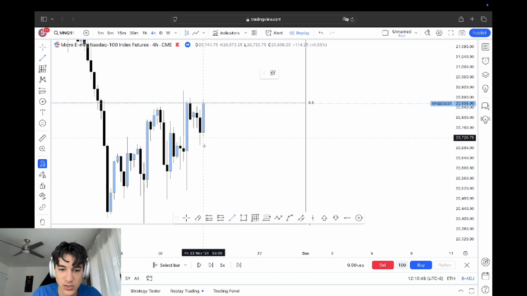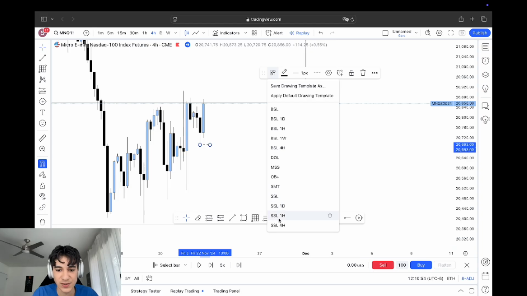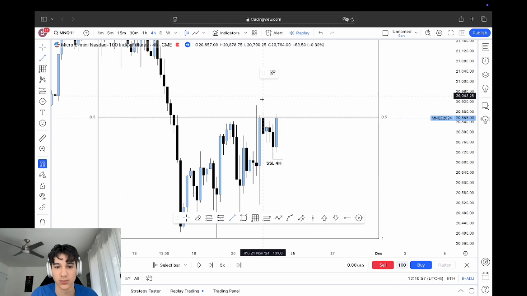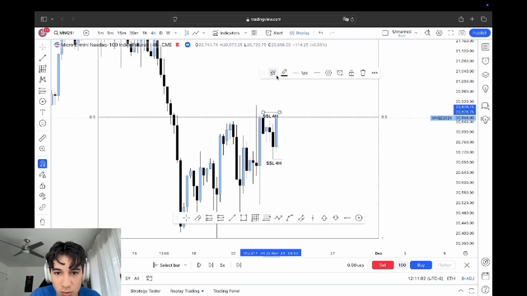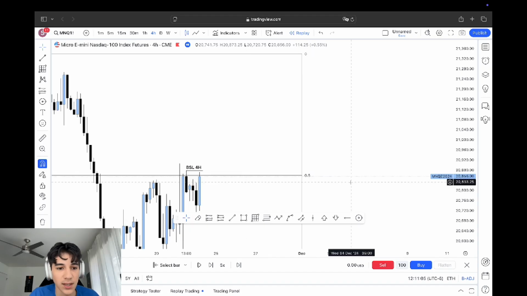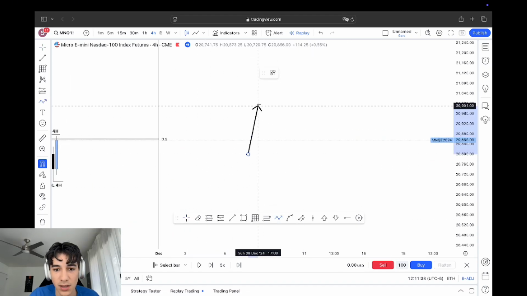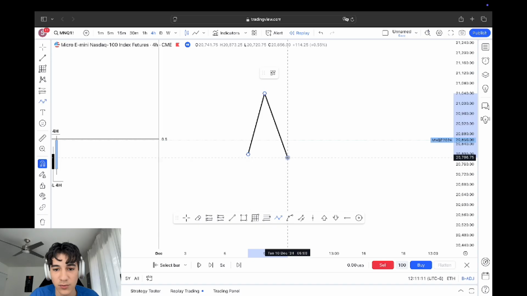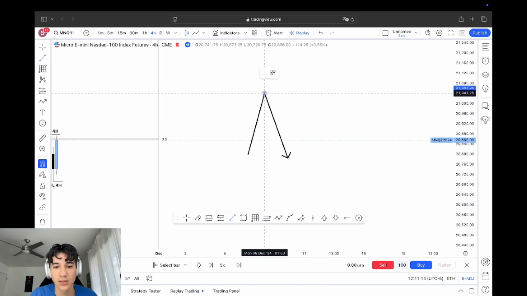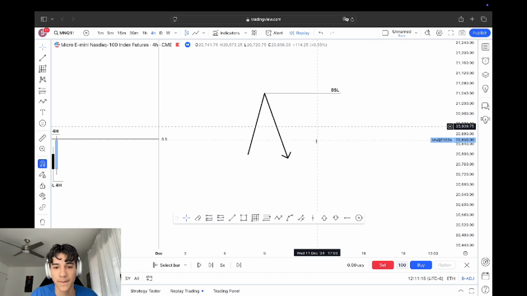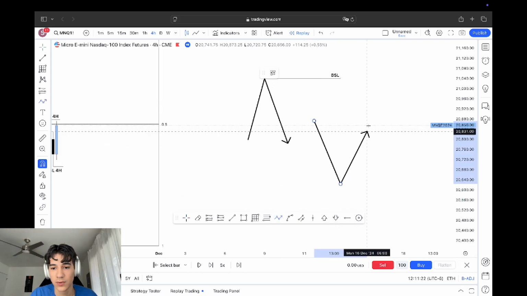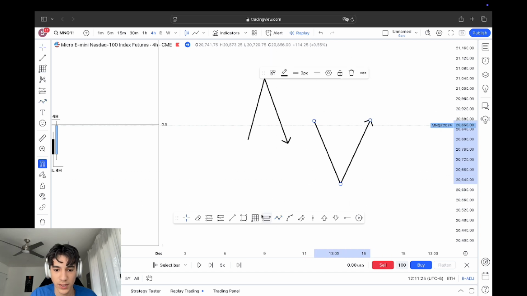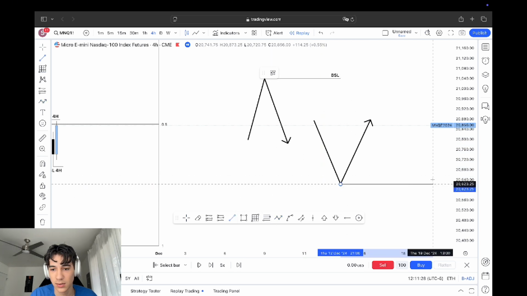First thing I do is mark out 4-hour liquidity, just because I think 4-hour liquidity is the best liquidity. All liquidity is an up and then a down move would be buy side liquidity, but then a down move to an up move creates sell side liquidity.